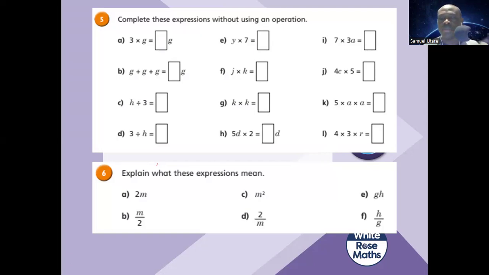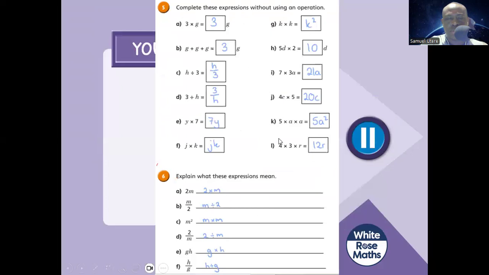Now remember, the title of our lesson is using letters to generalize numbers. So assuming you have paused and you did your work, here are the answers.